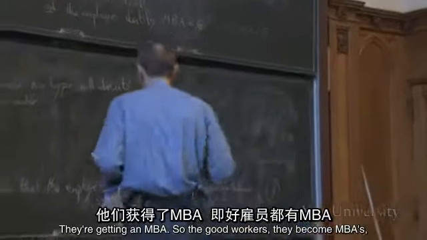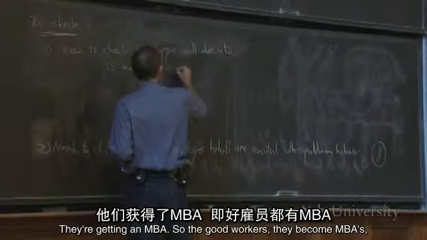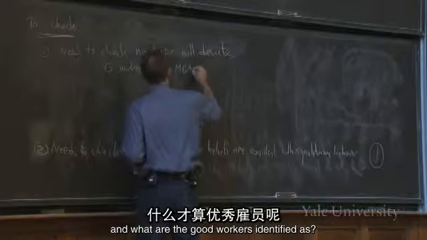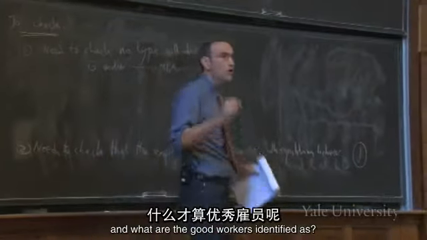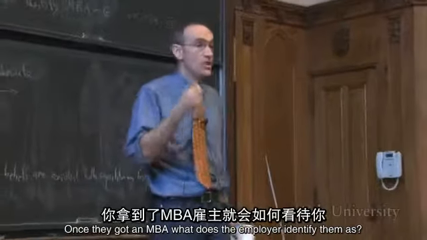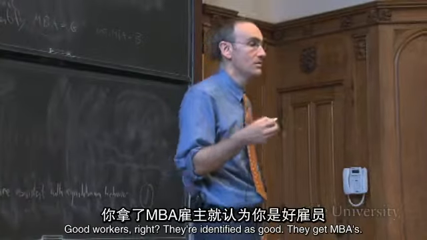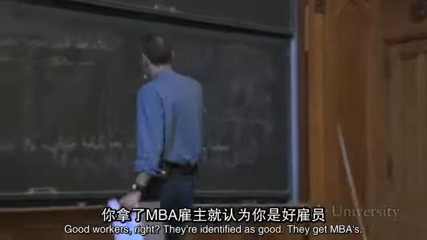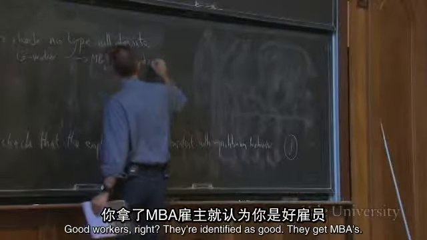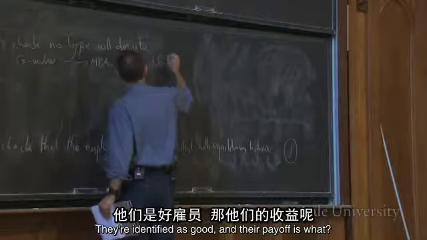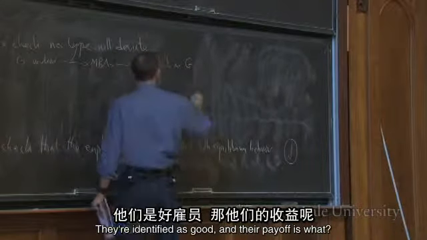They're getting an MBA, right? So the good workers become MBAs. And once they've got an MBA, what does the employer identify them as? Good workers, right? They get MBAs. They're identified as good.